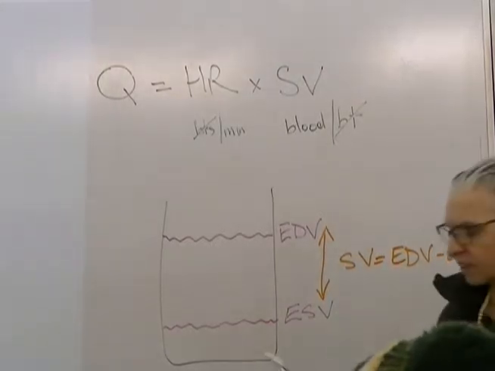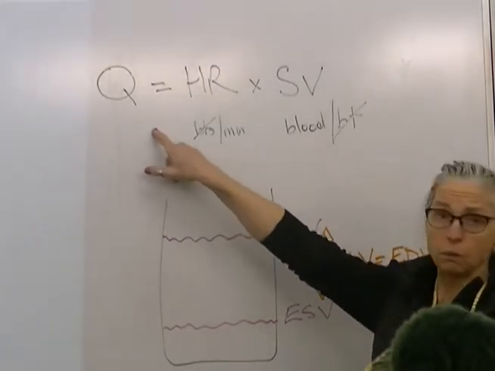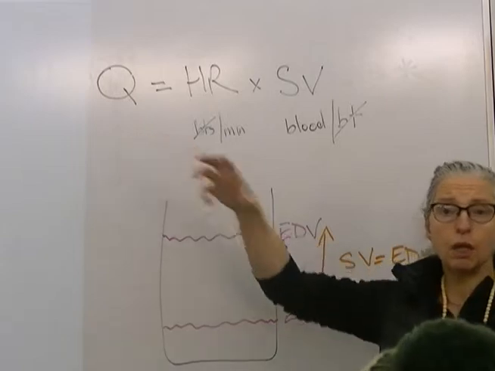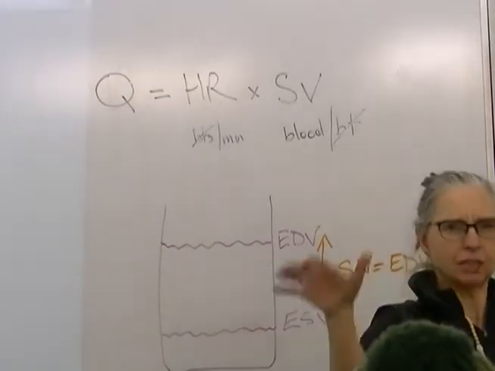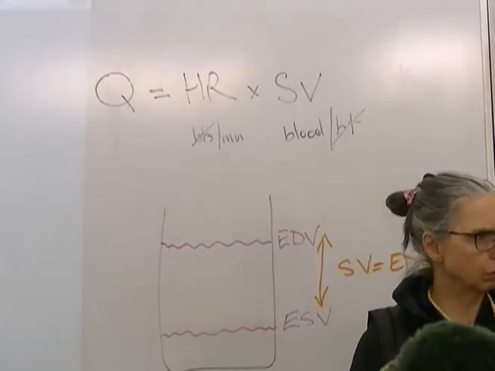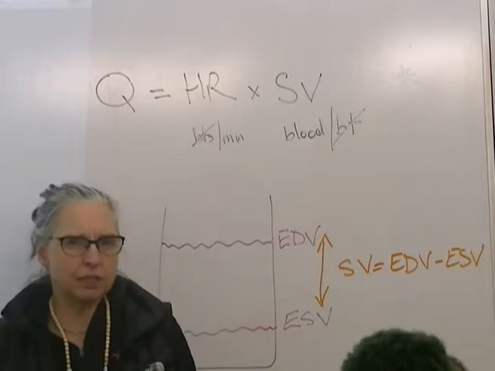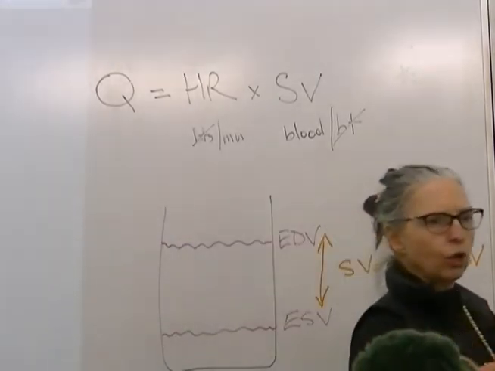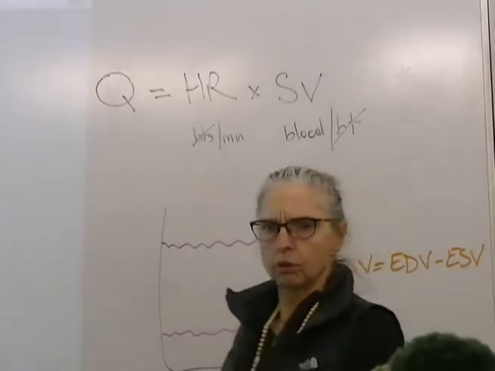So at rest, our Q, right? How much blood do I pump out per minute when I'm just sitting here not doing very much? Okay? It's about 4.5 to 5 liters per minute, depending upon whether you're a great big large guy or a little tiny girl. Okay?